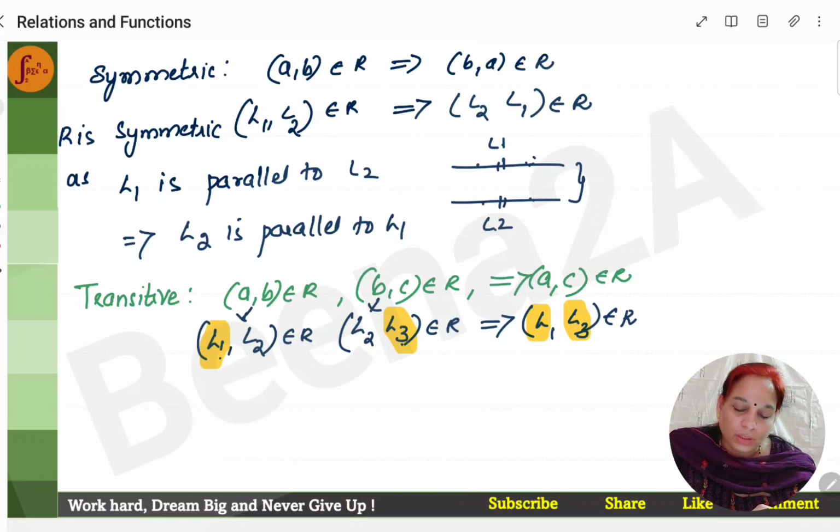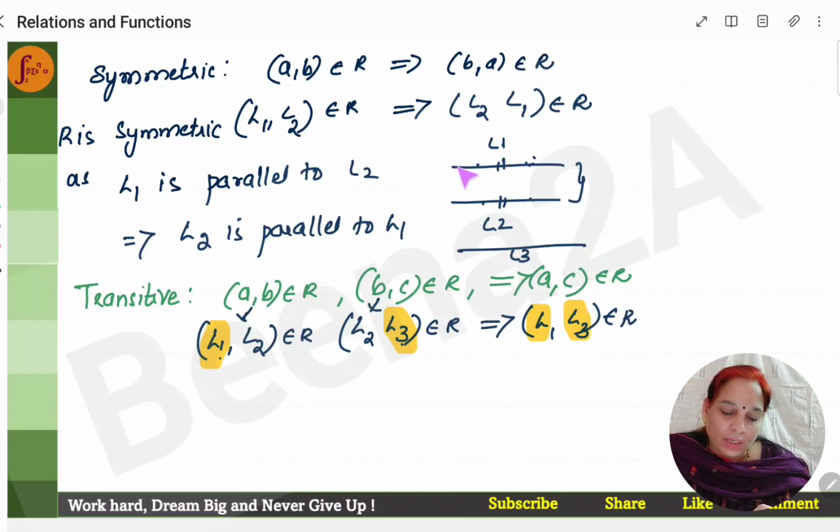Now here, first thing is, let's take a third line, which is L3. Now if I say L1 is parallel to L2 and L2 is parallel to L3, can I say L1 and L3 are parallel? Obviously, right? If this is parallel to this and this is parallel to this, then all three are parallel to each other, which means that L1 and L3 are also parallel to each other.